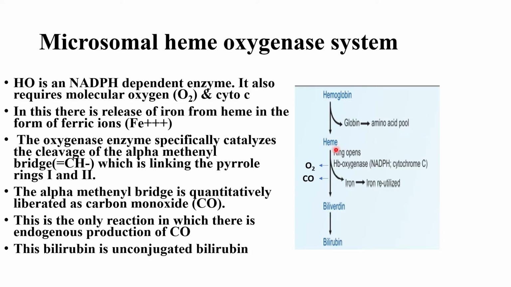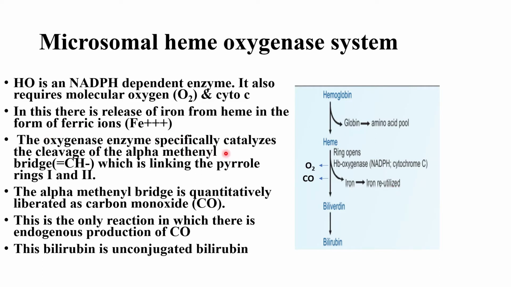In the heme, heme oxygenase is a very important enzyme. This is an NADPH dependent enzyme. It also requires cytochrome C as well as molecular oxygen. In this there is release of iron from heme in the form of ferric ions, Fe3+.